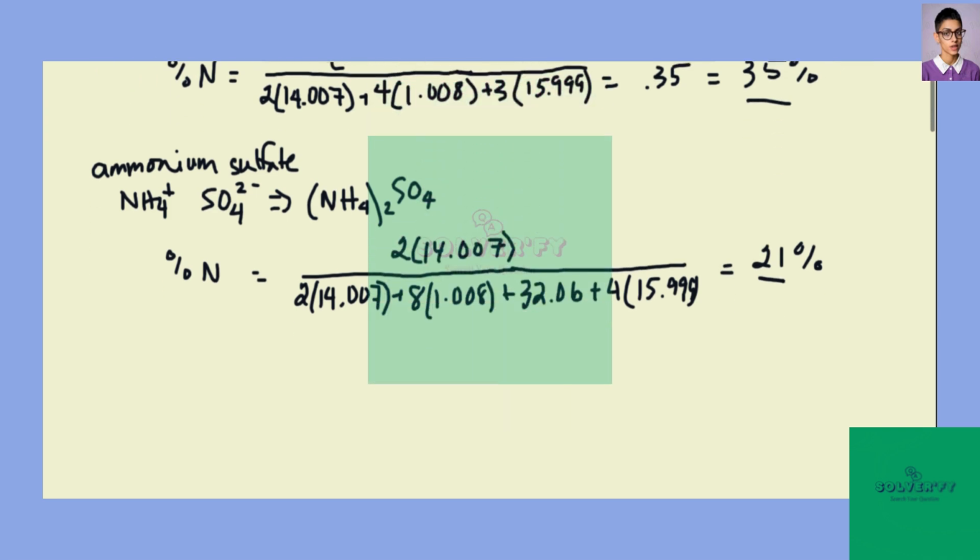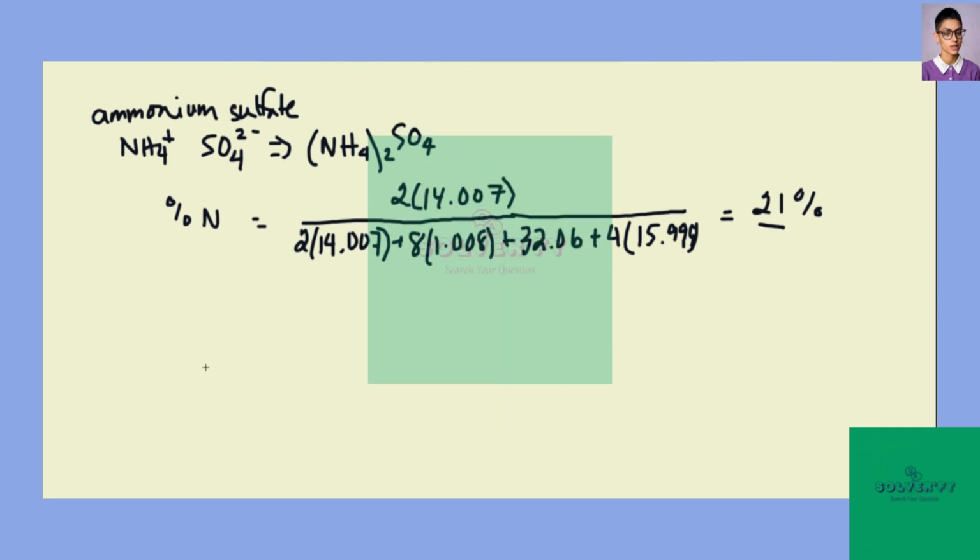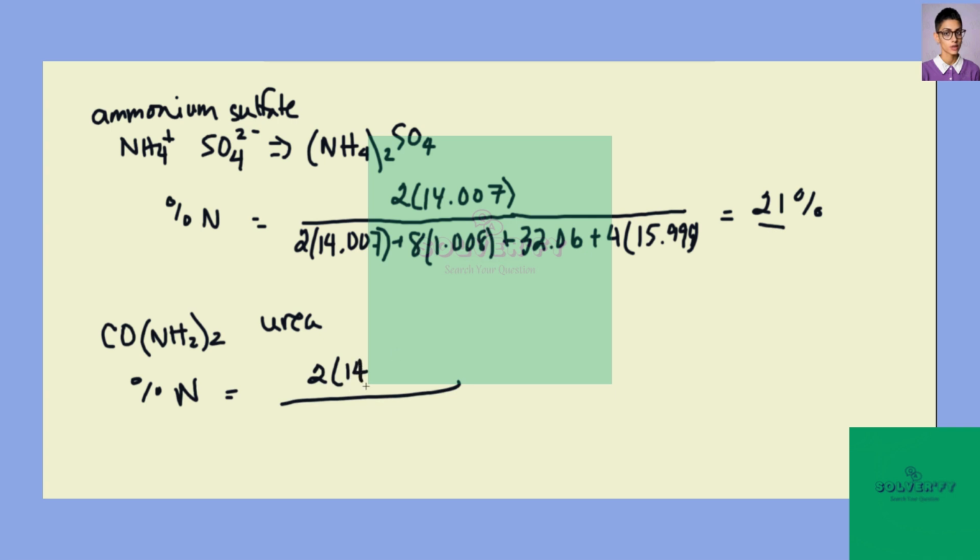The last compound is a compound called urea. We're given the chemical formula: CO(NH2)2. Percent nitrogen is equal to, in this case, there are 2 nitrogens in the whole compound. So my percent nitrogen will be 2 times the molar mass of nitrogen.